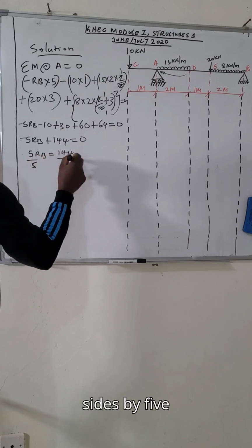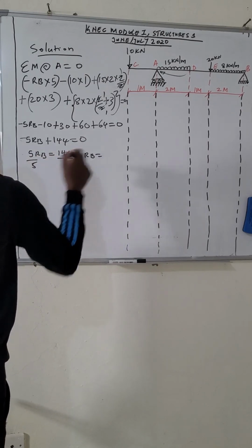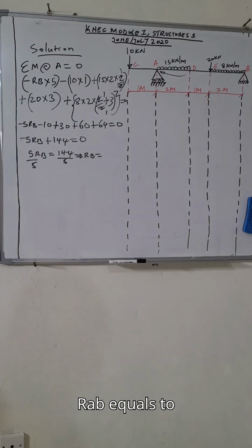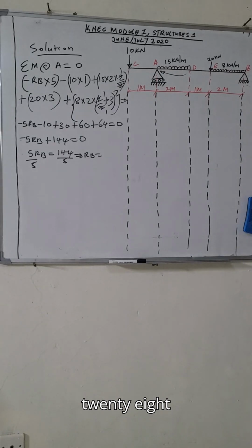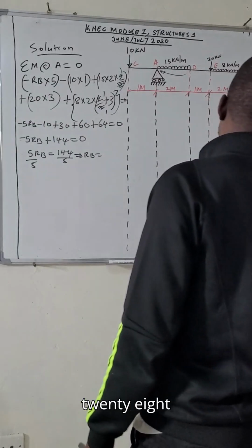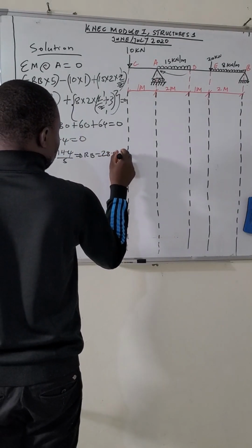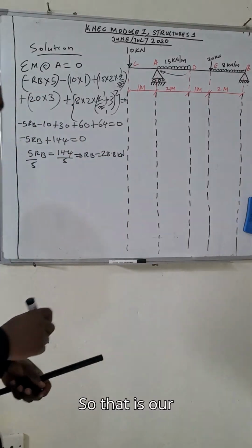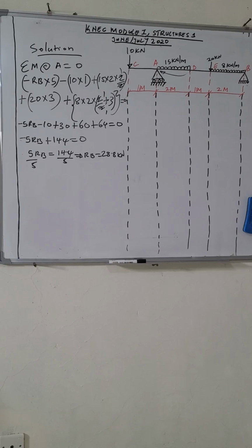You divide both sides by 5, which implies RB equals 28.8 kilonewton. So that is our RB, 28.8 kilonewton.